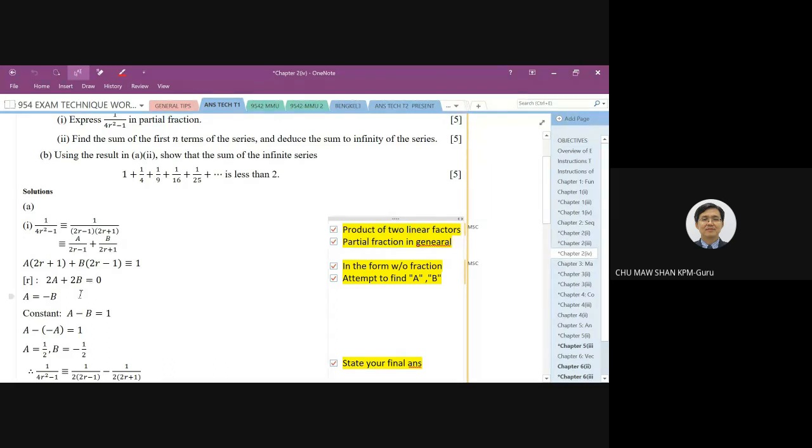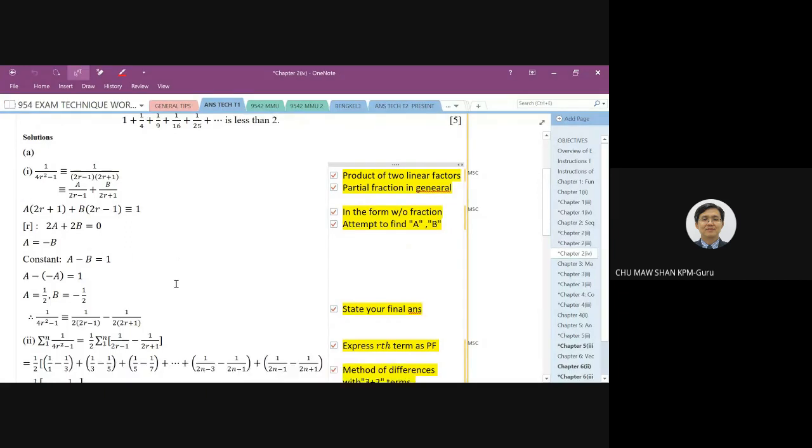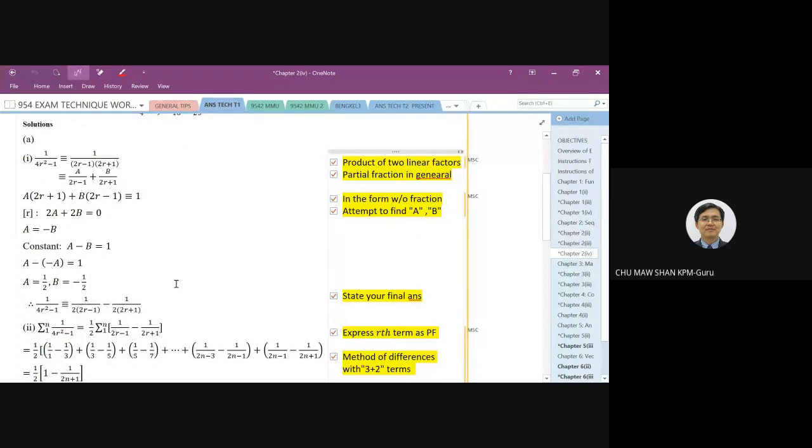So from here, we can get A is negative B. When we look at the constant for both sides, right hand side, the constant is 1. Left hand side, the terms that give the constant is A minus B. Okay, then we solve for it. We get A is a half, B is negative half.